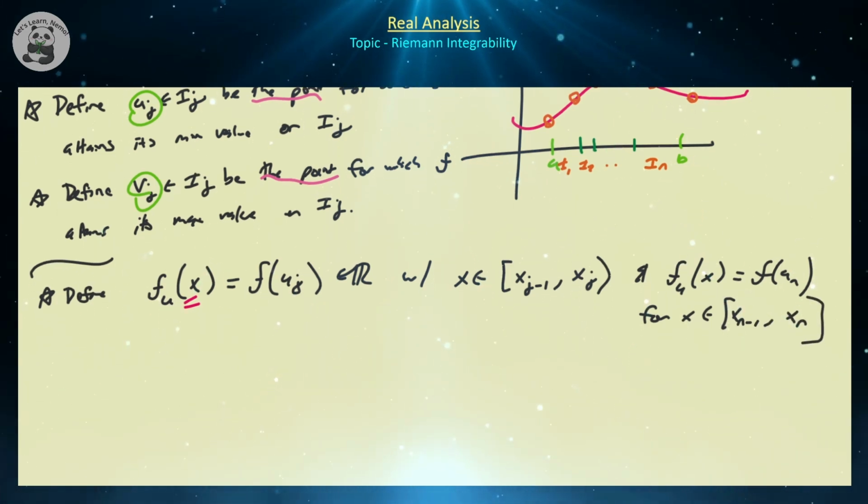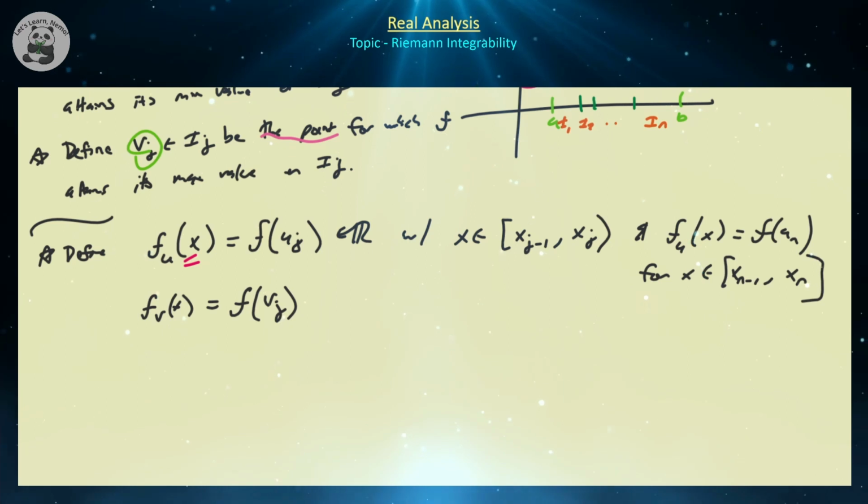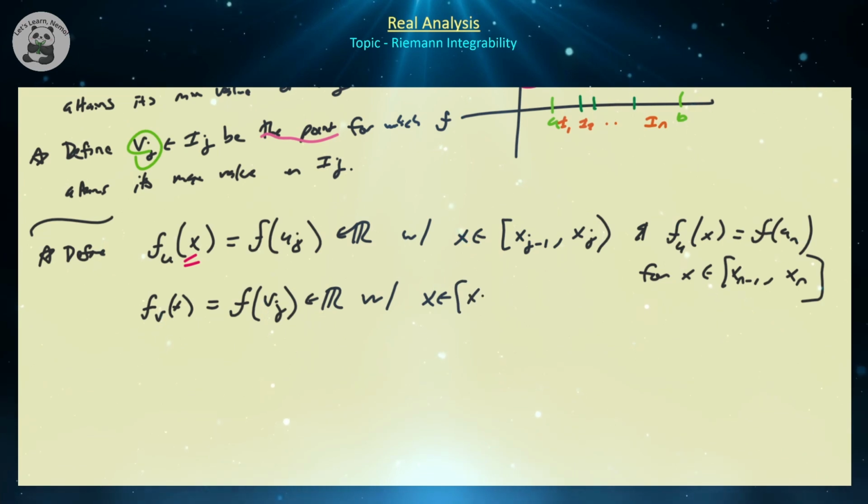And let's similarly define another function, f_v(x), which is equal to f(v_j). So that's the function that's going to return the value of the maximum height on each of the intervals. And obviously that's going to be a real number with x belonging to [x_{j-1}, x_j].